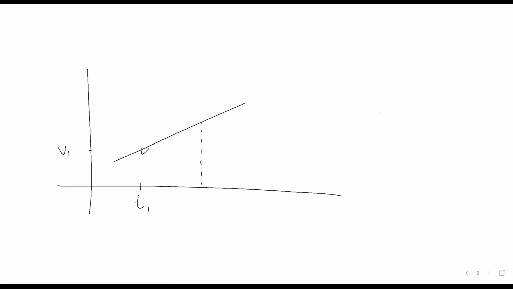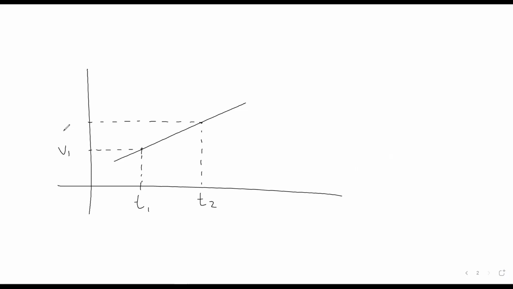How do we find the slope? For example, they'll tell you that at time t1 the velocity is v1, and at time t2 the velocity is v2.